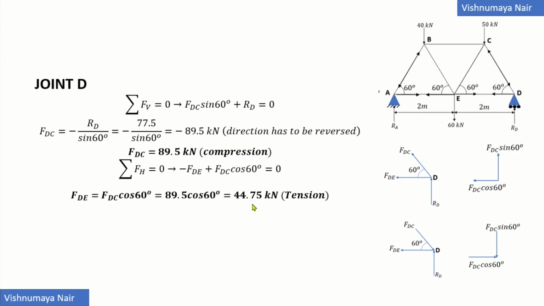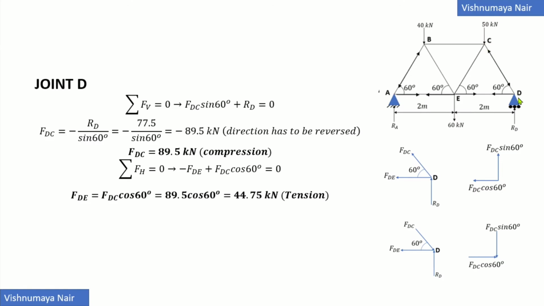This value is positive, which means that we do not have to reverse the direction of FDE. So FDE will be acting away from the joints D and E like this. Therefore, the force induced in the member DE is represented by arrows coming towards each other, which means that DE is under tension. Now, this force FDC is towards the joint D. So, the force FDC will be acting towards the joints D and C.